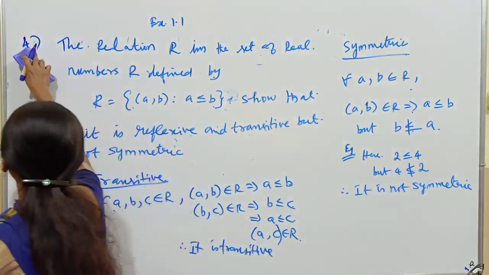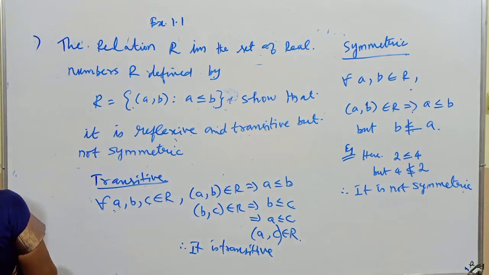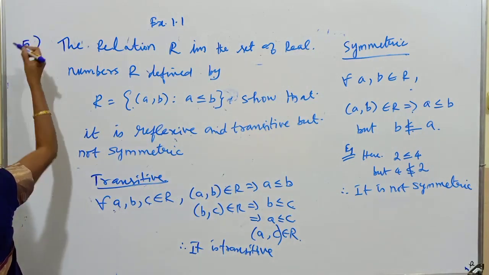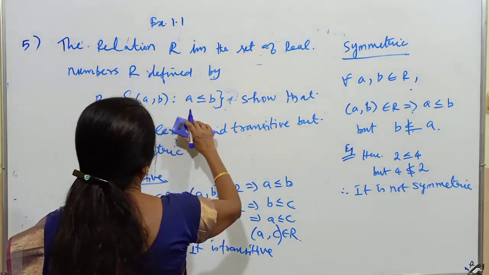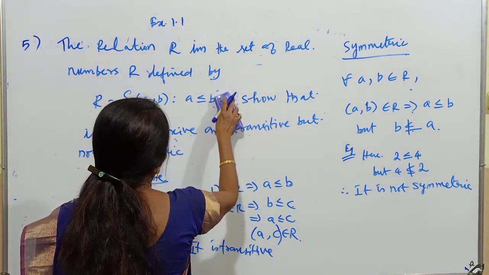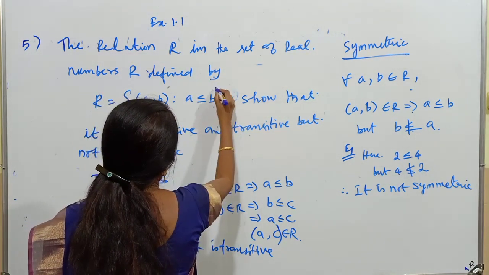The next question. The relation R in the set of real numbers is defined by R equal to {(a, b) : a is less than or equal to b cube}.